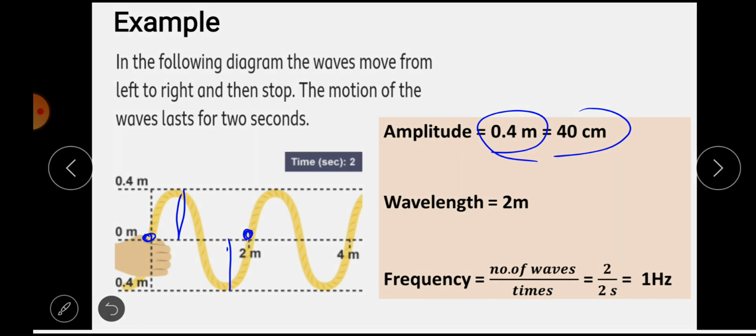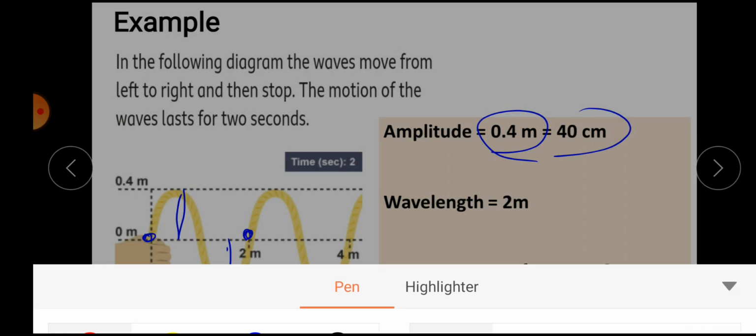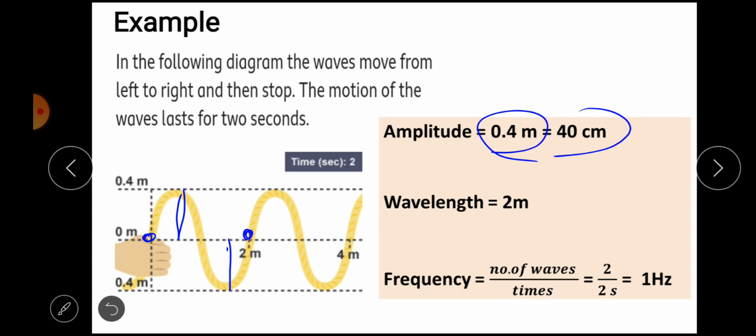Let me use a different color. What is this distance shown here? I can't draw a straight line. So this distance is 2 meters. So it tells us that the wavelength of this wave is 2 meters. So please note that we use this symbol lambda to represent a wavelength.